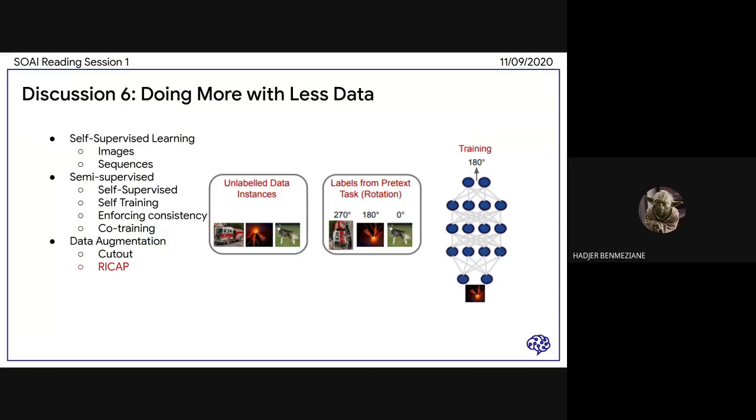We can apply different transformations. We can blur the image, flip it, rotate it. We can do some transformations on the image, and then we try to predict which transformations were done on the image. For sequence data, self-supervised learning is used a lot.